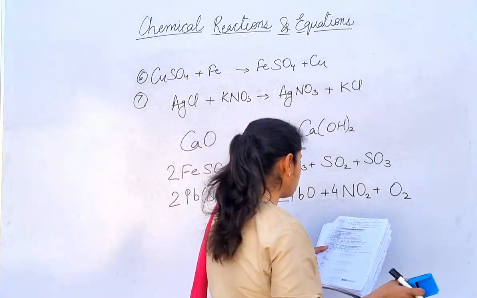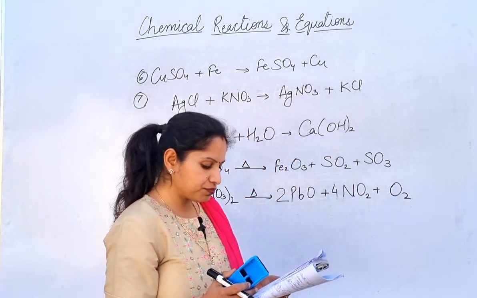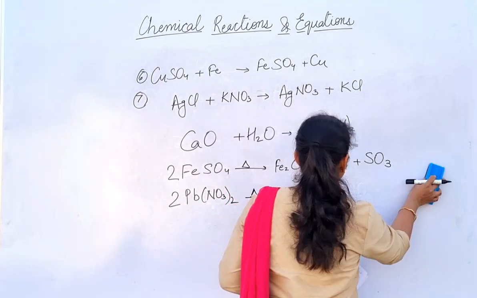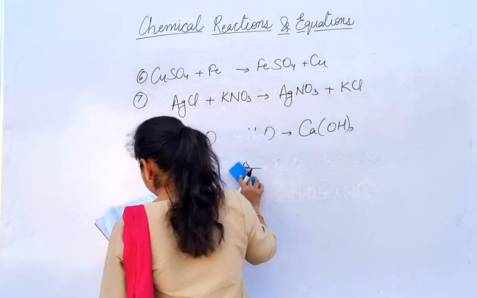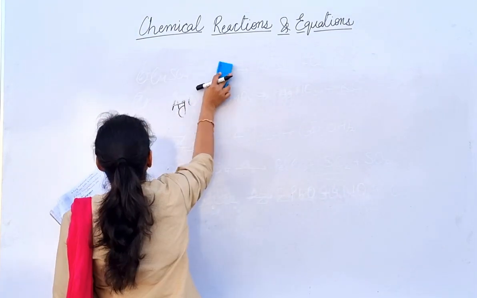Okay, next equation, try to do it by yourself. Sodium sulfate combines with barium chloride to form barium sulfate and sodium chloride. I hope you have worked it out.